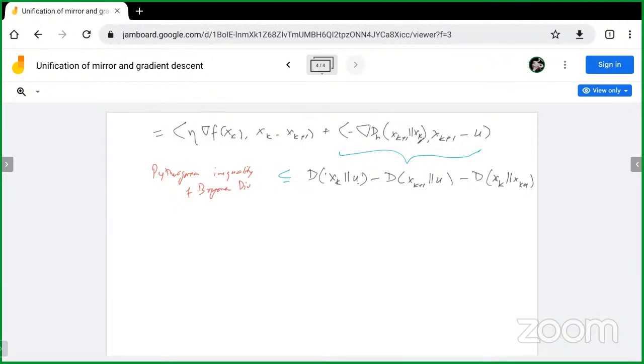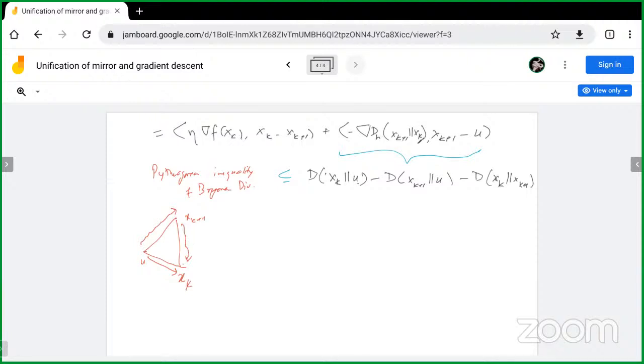All they're saying is that if I have these three points, xk, xk plus 1 and u, then the Bregman divergence between xk and u, versus if you had gone from u to xk plus 1 and then from xk plus 1 to xk, how much would your difference be?